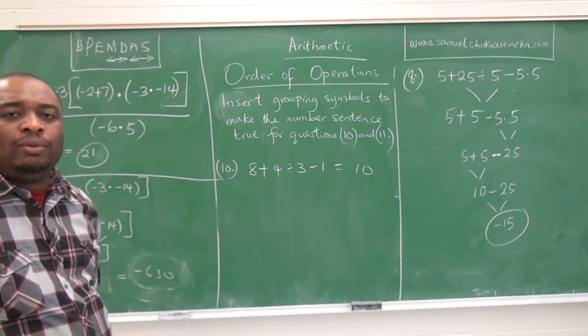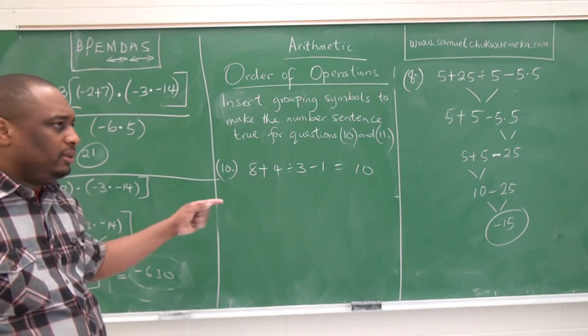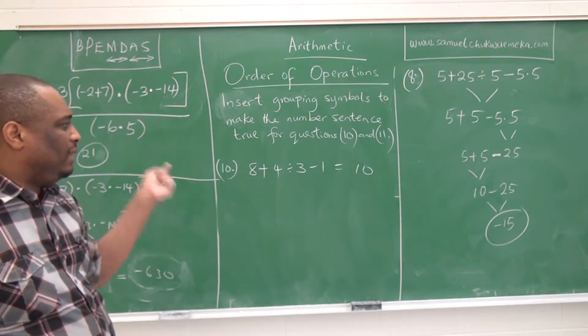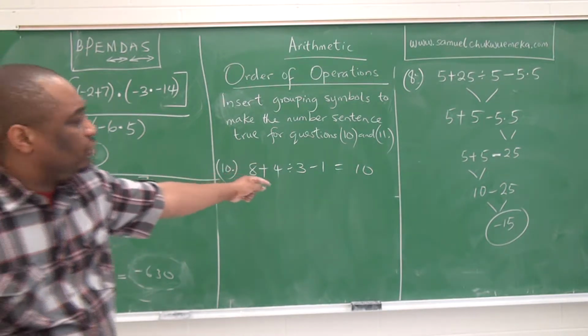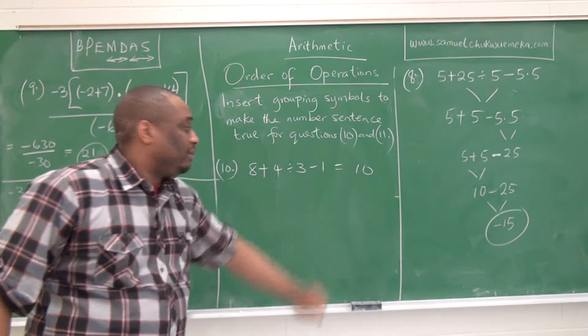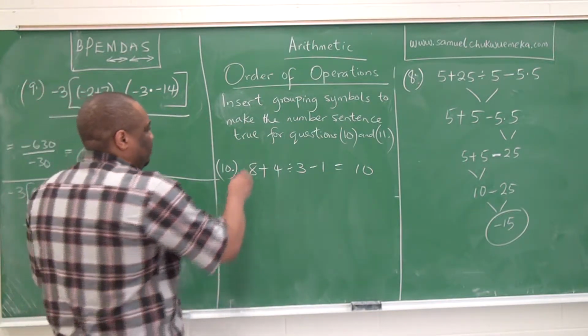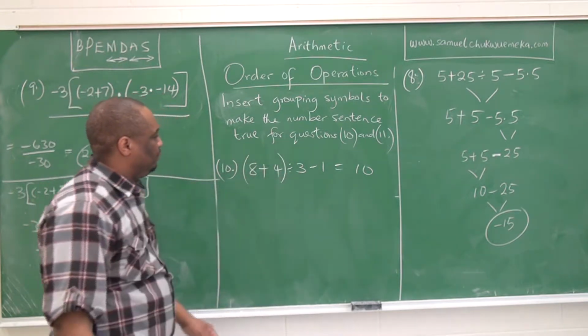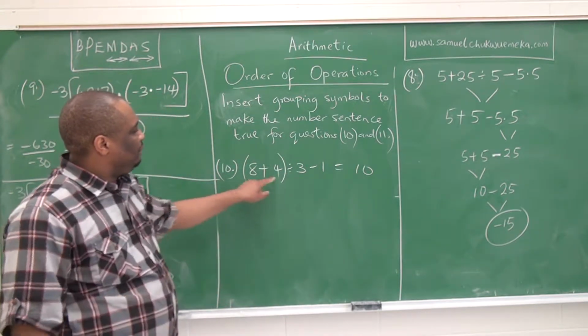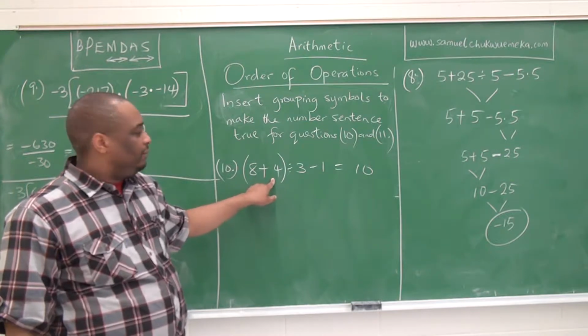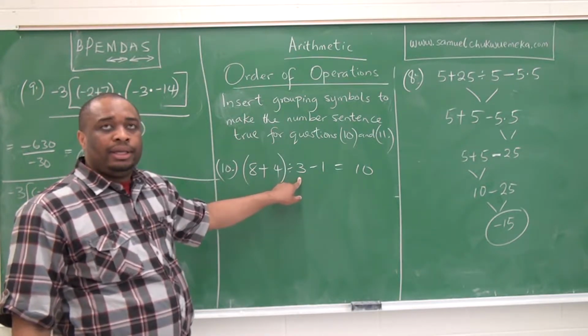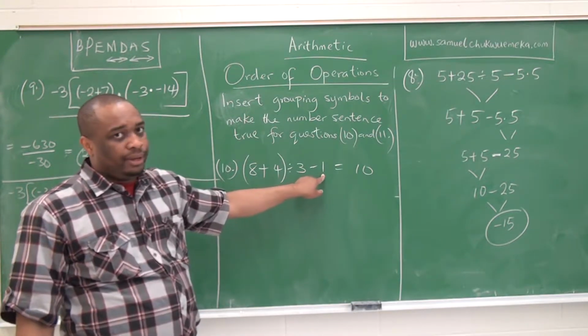So they want you to put the parentheses, or bracket, however you want to do it, to make sure that your left hand side is equal to your right hand side. Let's start with putting this. If we put the parentheses here, this will be 8 plus 4, 12. 12 divided by 3 is 4. 4 minus 1 is 3.